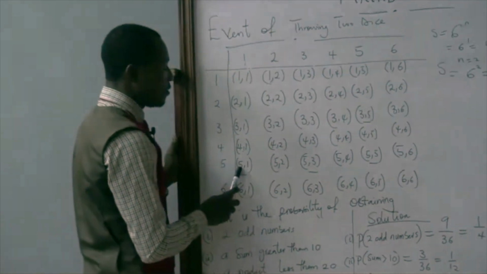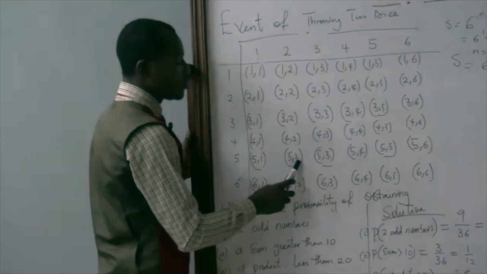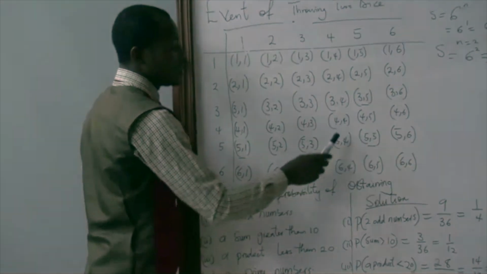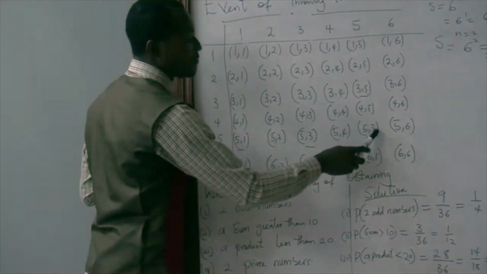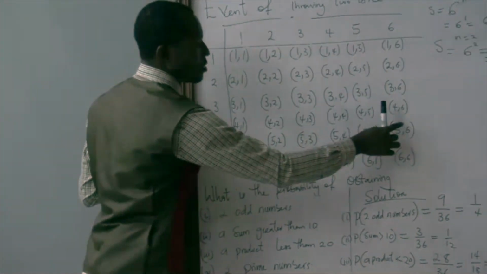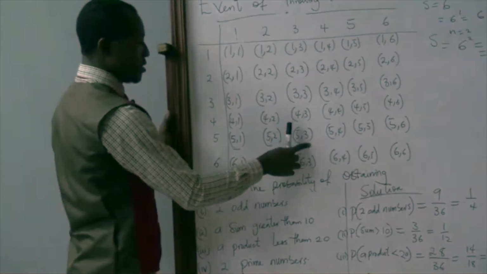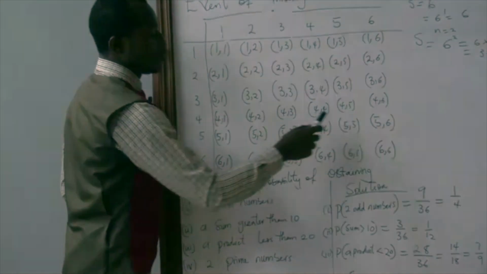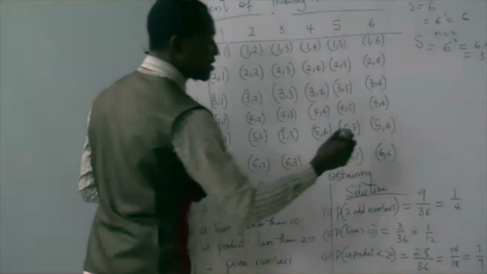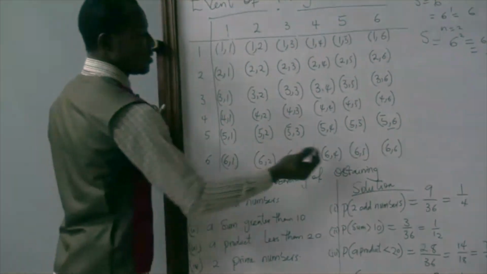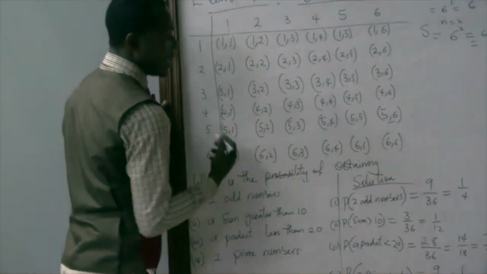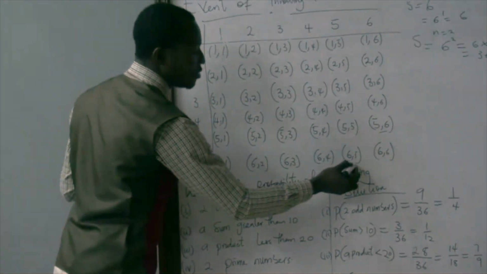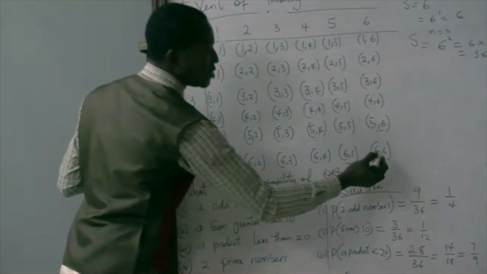If I come here, 5 plus 1 is 6, 5 plus 2 is 7, 5 plus 3 is 8, 5 plus 4 is 9, 5 plus 5 is 10. But 5 plus 6 is 11, so that is greater than 10. 6 plus 4 is 10, so it's not greater than 10. 6 plus 5 is also 11. 6 plus 6 is 12.